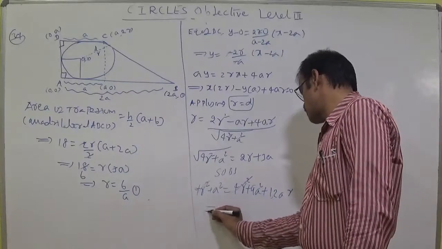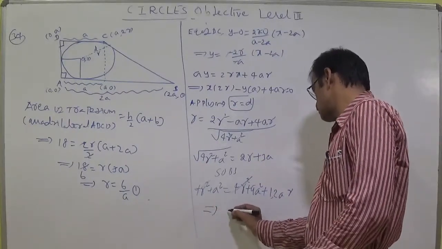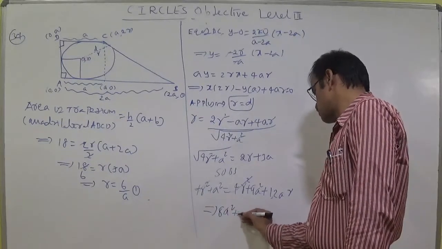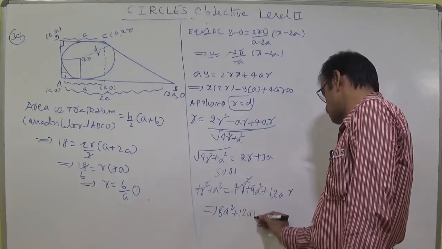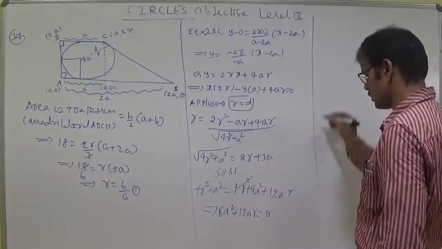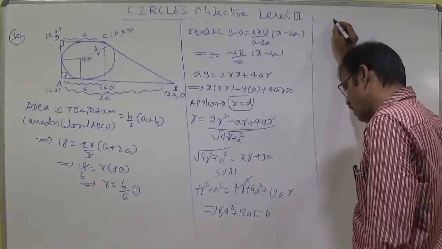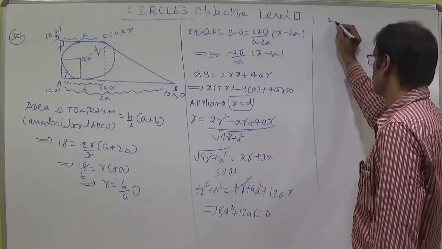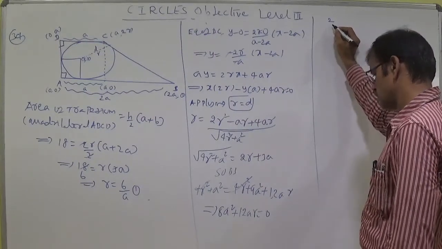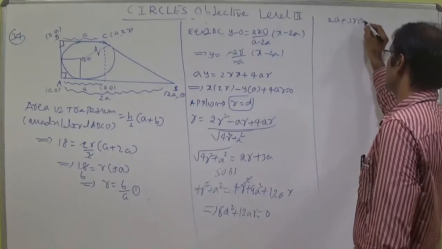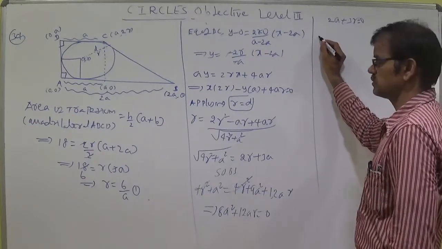We can write 8a square plus 12ar is equal to 0. If we take 4a common and divide, it becomes 2a plus 3r equal to 0.